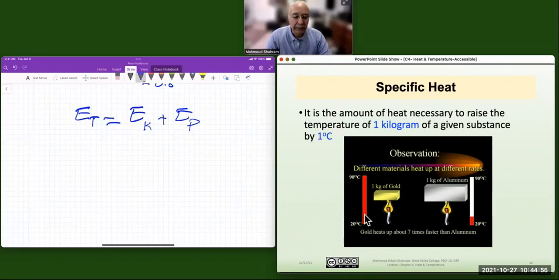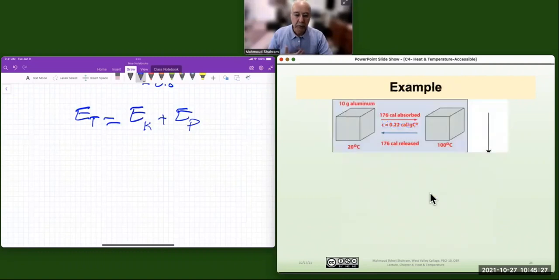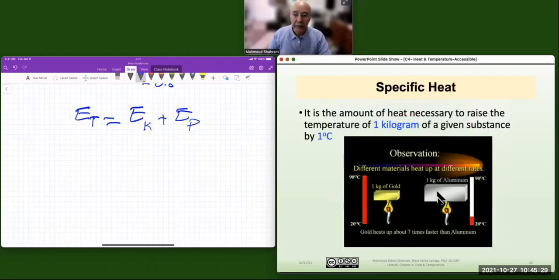Here, if you apply the same amount of heat to 1 kilogram of gold and 1 kilogram of aluminum, the gold quickly heats up to 90 degrees C, whereas aluminum stays around 30 or 25. That has to do with the nature and structure of gold versus aluminum.